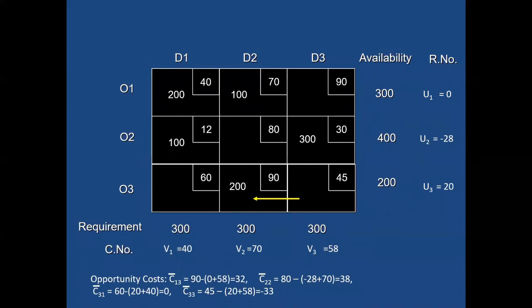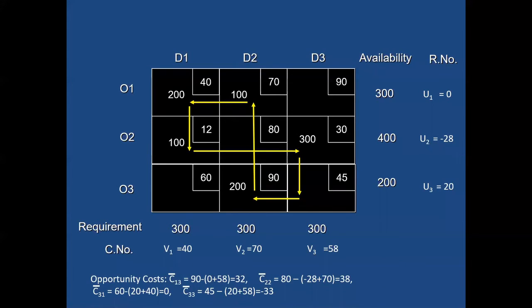Then from here, I can go to 100 here up because this is an allocated cell, right? So I'll draw a row arrow here. Then I cannot go to the right side. On the left side, I have 200. So I will go here. Again, come down to 100. Then cross over to 300. And finally, come back to the cell from where I have started. So this becomes my closed circuit.